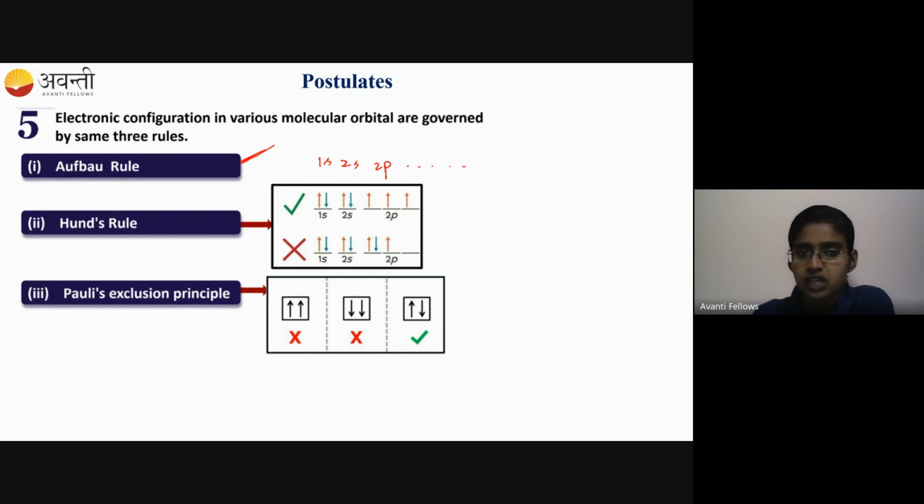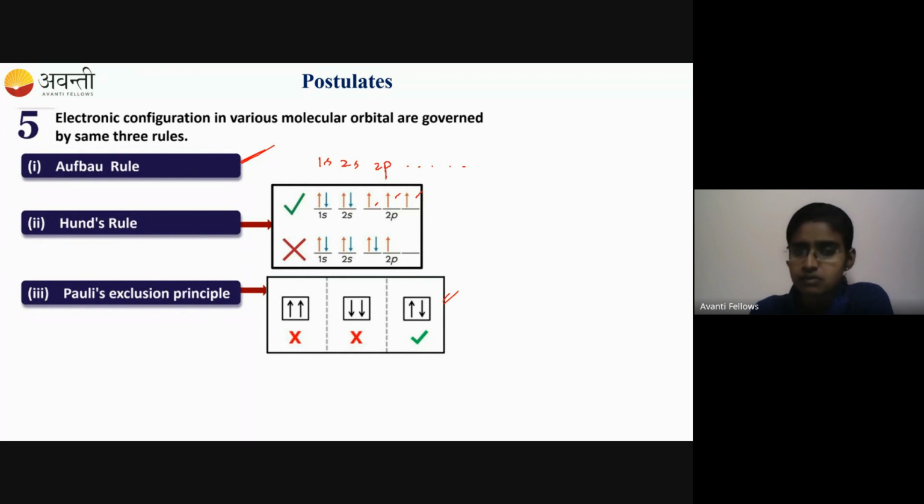You have to give equal distribution for the same orbital, then only you have to do the pairing. So this is Hund's rule. And what is Pauli's exclusion principle? One orbital can take only two electrons, and those two electrons should have opposite spin. That is Pauli's exclusion principle. So we are using all these three rules while filling the electrons in molecular orbitals also.